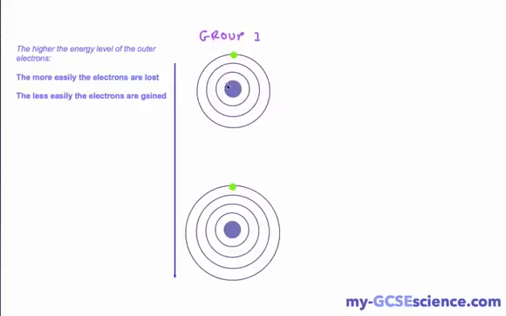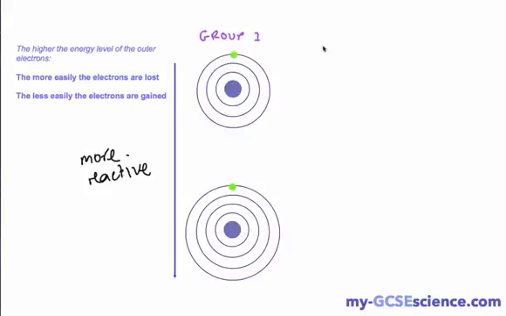Here are two atoms from group 1, and as we said, the further down you go, the more reactive the elements. Remember, the way we think about this is we look at the outer shell electron. There is only one electron in the outer shell of the group 1 elements, and it's the same for all group 1 elements.